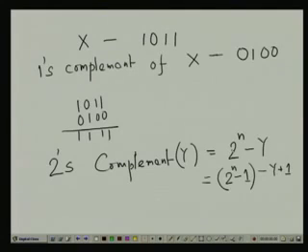Now, see, 2 to the power n minus 1 we have already defined as the 1's complement. So, 1's complement minus y plus 1, that is 1's complement plus 1, is the 2's complement.